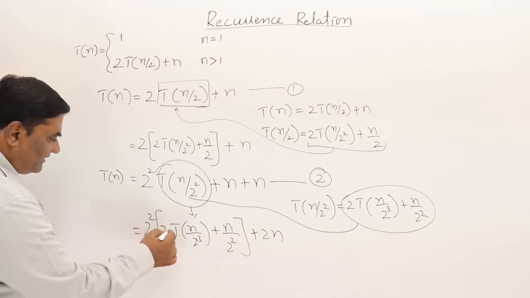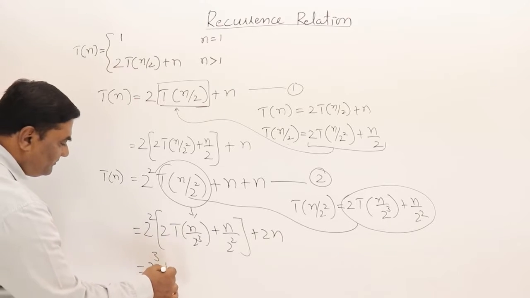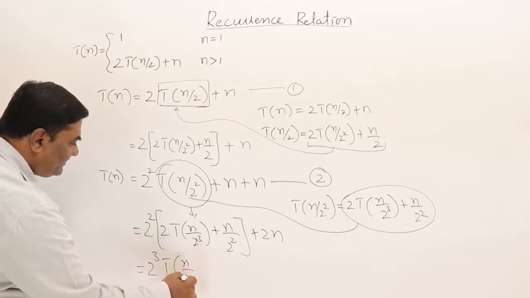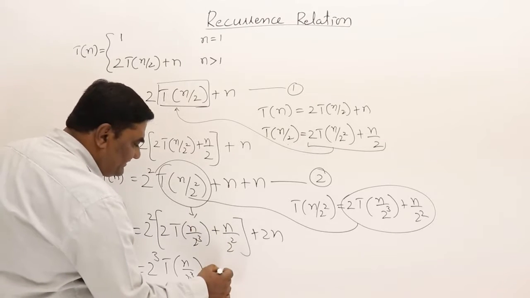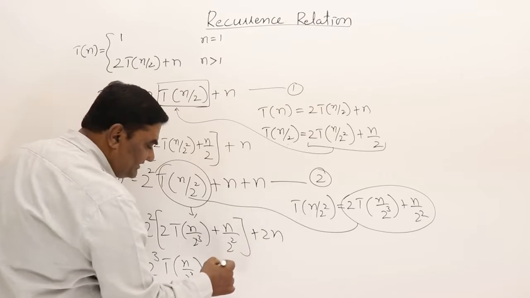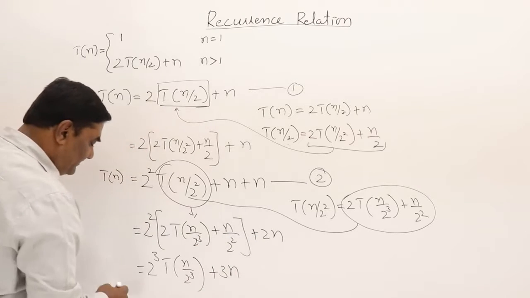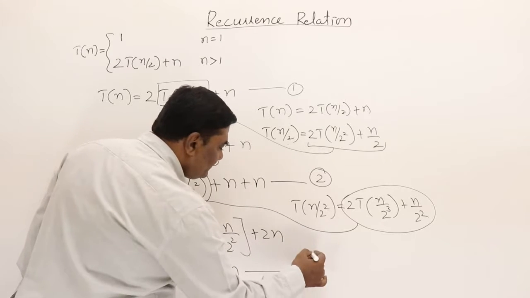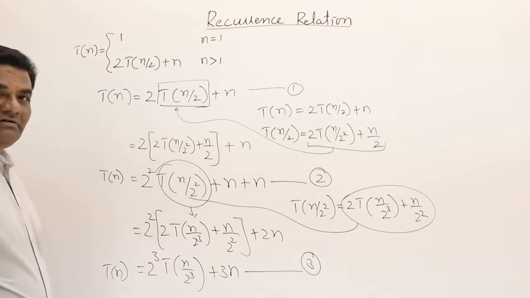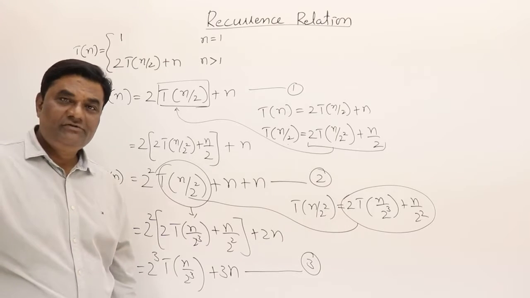So this will be 2² into 2³... I mean 2³ T(n/2³), plus 2² gets cancelled. So n, already 2n is there. So this will be 3n. Third equation. That's it. Two times I have substituted each.